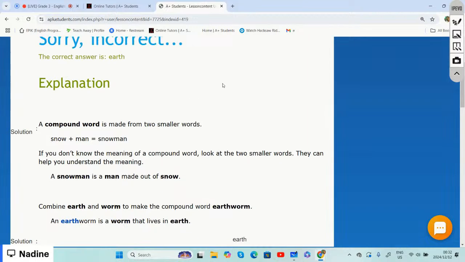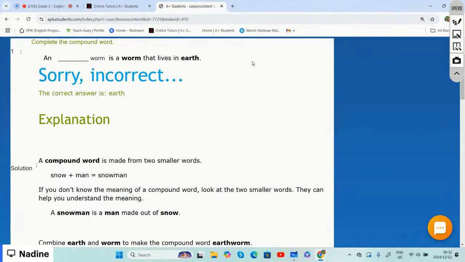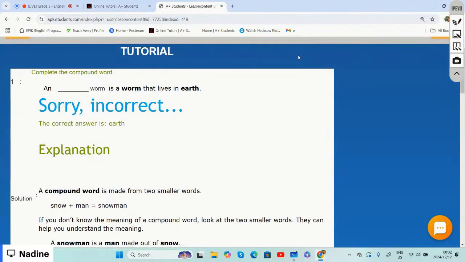All right. So now we're going to complete the compound word, right? Basically from the sentence. So in the sentence, you are going to be given two flash words, and then we're going to have to create the compound word.